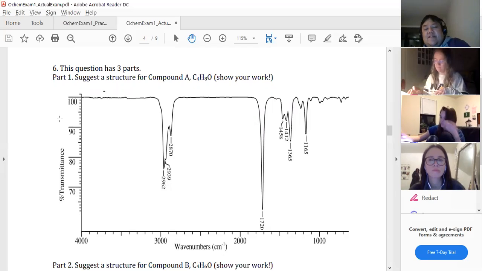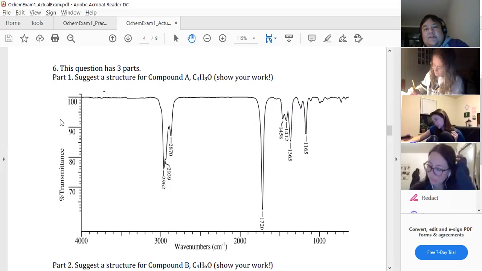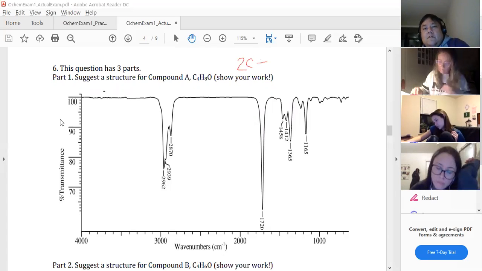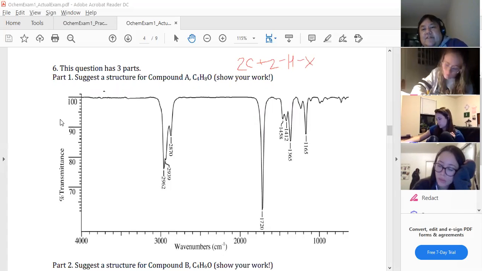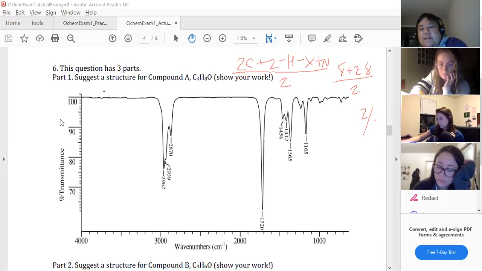Always calculate degrees of unsaturation first when they give you a molecular formula. So (2C plus 2 minus H minus X plus N) divided by 2. That's 2 times 4 is 8, plus 2, minus 8, divided by 2. So you get 2 divided by 2, which is 1.